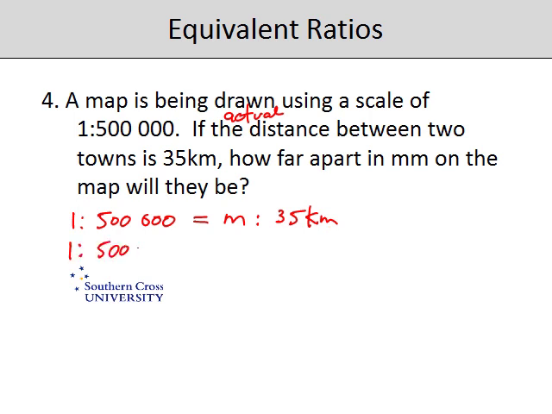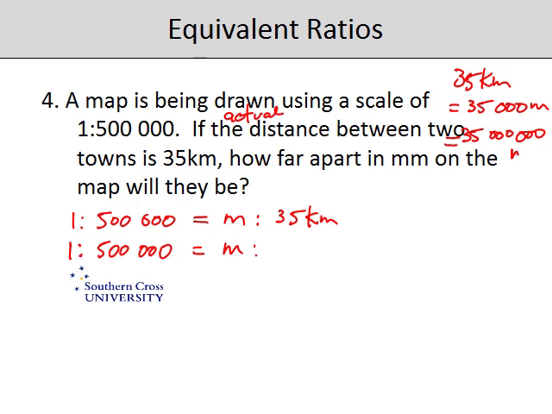So 1 to 500,000 is equal to M to... 35 kilometres is equal to 35,000 metres, which is going to be then times by 1,000 again to get it into millimetres. So that's 35 million millimetres.